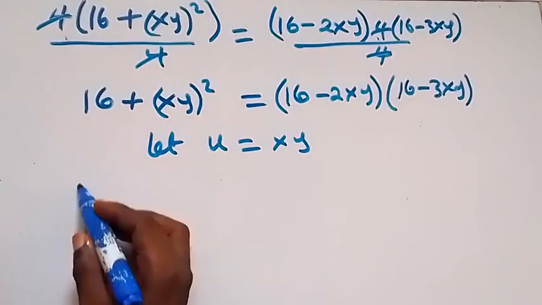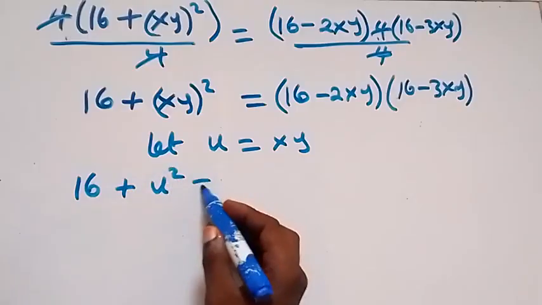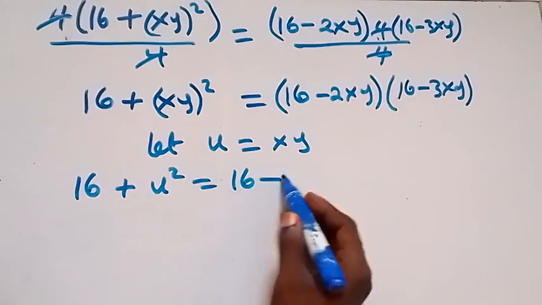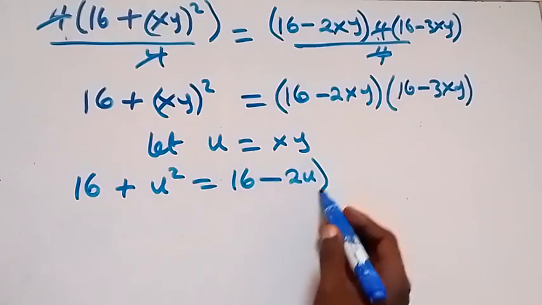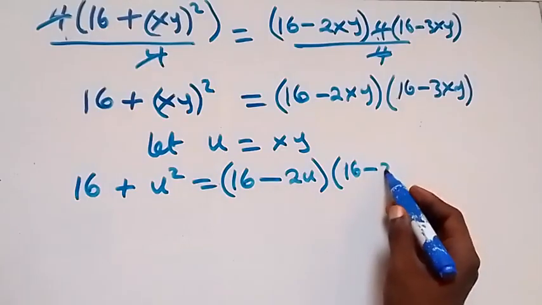Then we can write this as 16 plus u squared equals 16 minus 2u, multiplied by 16 minus 3u.